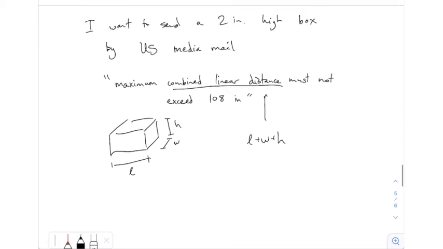Anyway, what I want to do for this problem, I want to send, let's say my box is 2 inches high. The question is, what's the biggest volume box I can send according to their rules? The rule is not about volume, but if my box is 2 inches high, what's the biggest volume I can send?